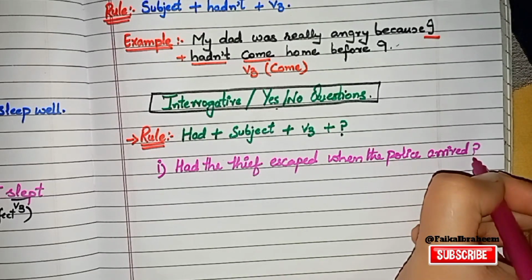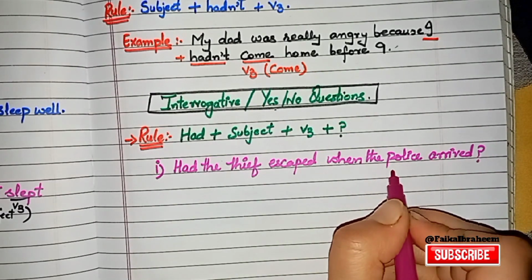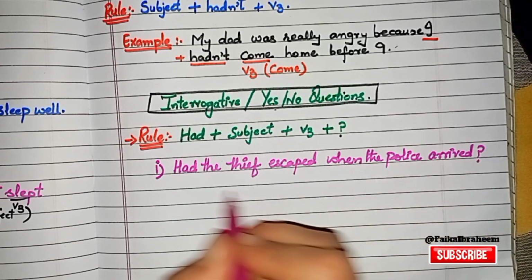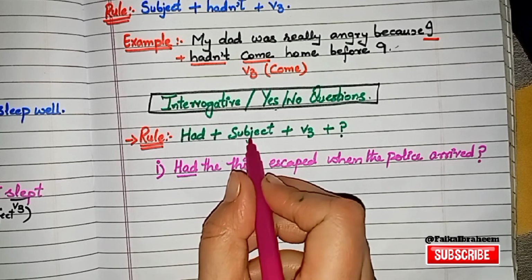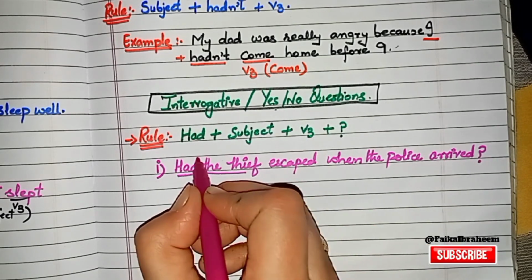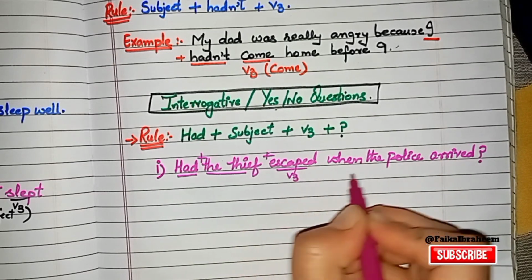Question mark. The answer is yes, he had, or no, he hadn't. Had plus subject. The thief is subject. Escaped is third form of verb.